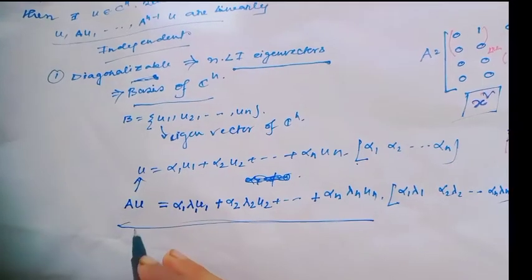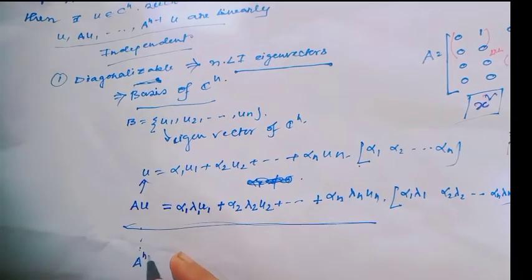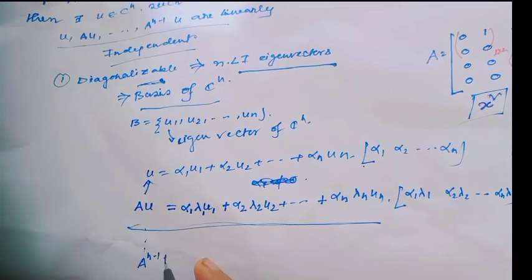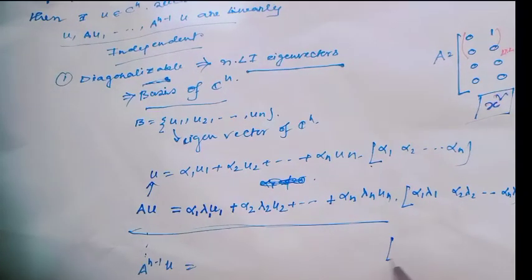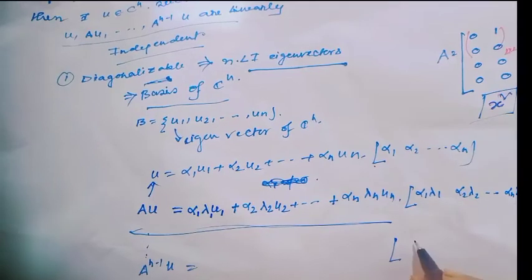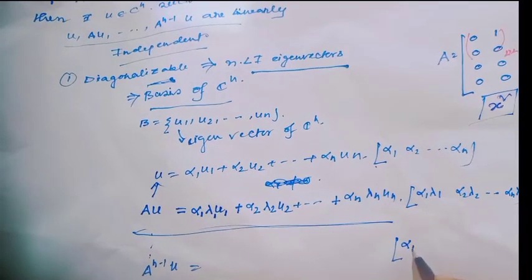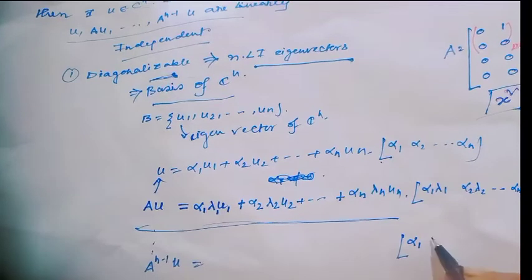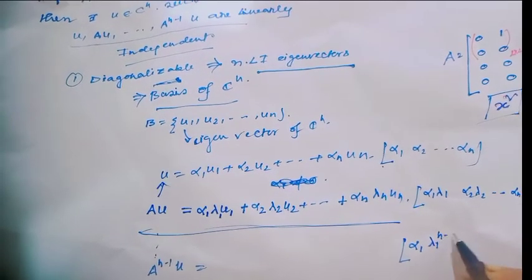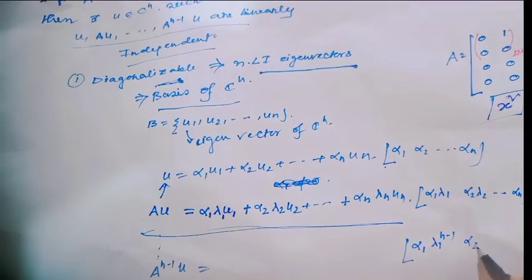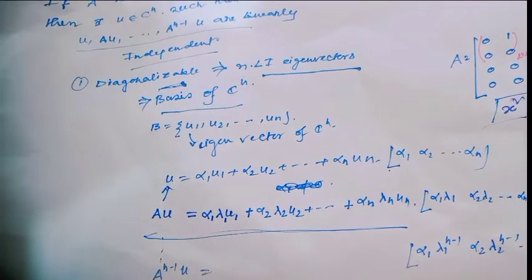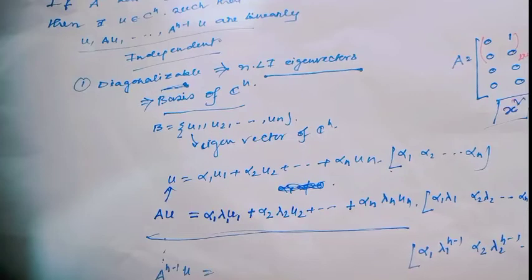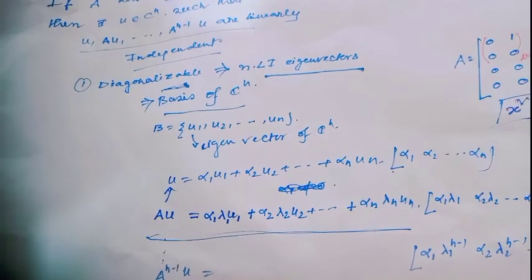Similarly, this would continue up to A to the power n minus 1 u. For this, the scalars would be alpha 1 lambda 1 to the power n minus 1, alpha 2 lambda 2 to the power n minus 1 up to alpha n lambda n to the power n minus 1.